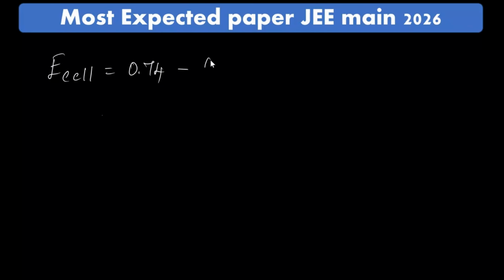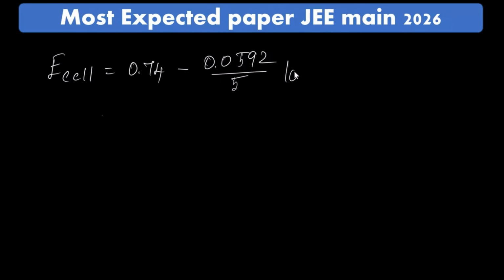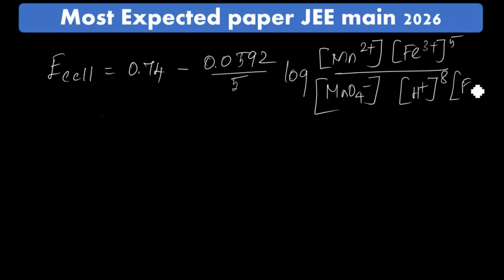I'm just substituting the value. This part you know. 0.0592 divided by how many electrons are involved over here? Mn plus 7 state to Mn plus 2. So which means 5 electrons are involved, right? So divided by 5 log of, what are the reactants? Mn2+ and Fe3+ are the products raised to the power 5, and MnO4 minus, H plus raised to the power 8, Fe2+ raised to the power 5.